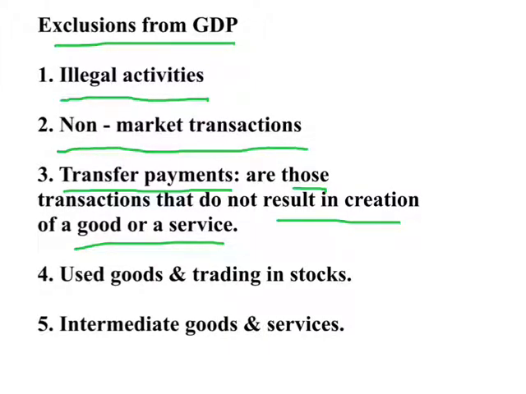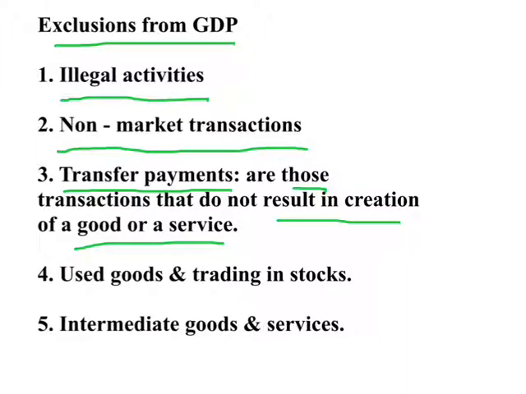Similarly, welfare payments that are received by poor people is also an example of transfer payment. Why? Because they receive it without really creating any good or service. So transfer payments are also excluded from GDP calculations.